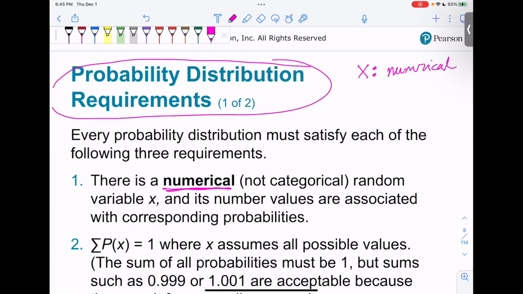So we have two things. It will be numerical, which includes two things, discrete or continuous. So this variable must be discrete or continuous. The values that X will take will be discrete or continuous. So the first condition, numeric.